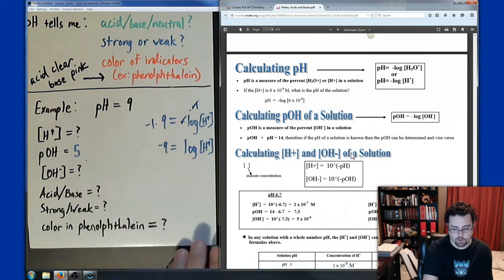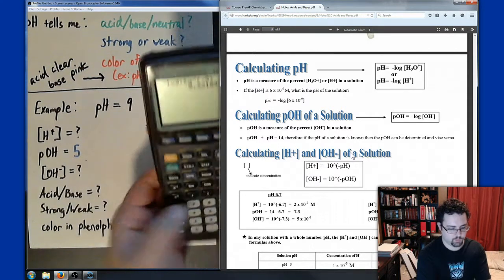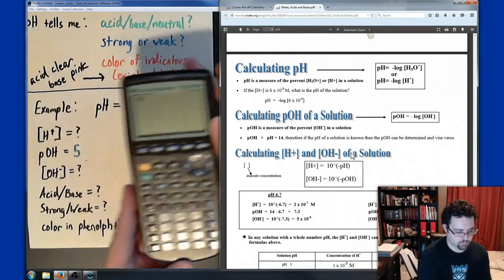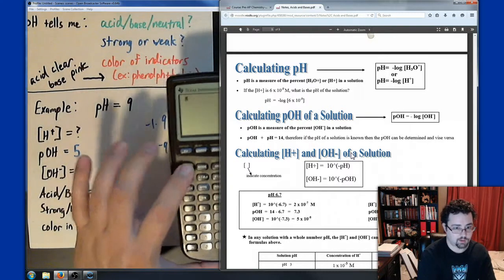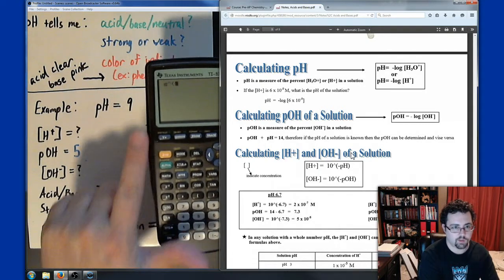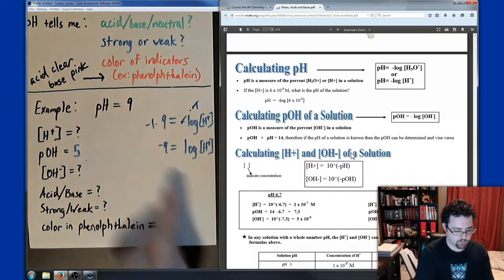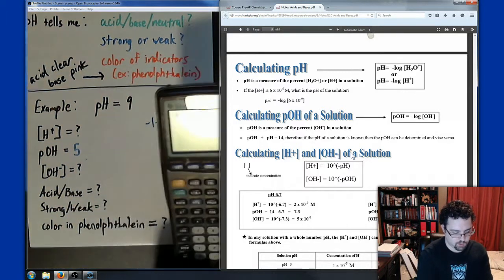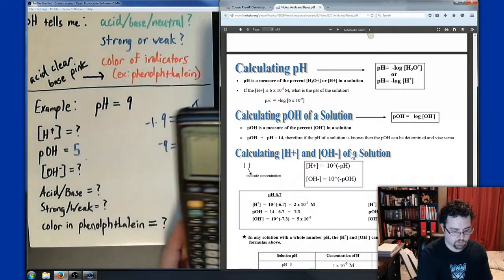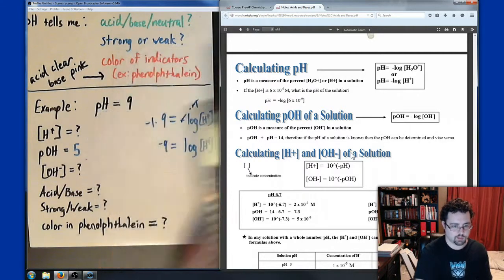To get rid of log, you do the inverse log, which is second, then the log button, and the inverse log is 10 to whatever power. So I'm going to go 10 to the -9. So my hydrogen ion concentration is 1 times 10 to the -9th.